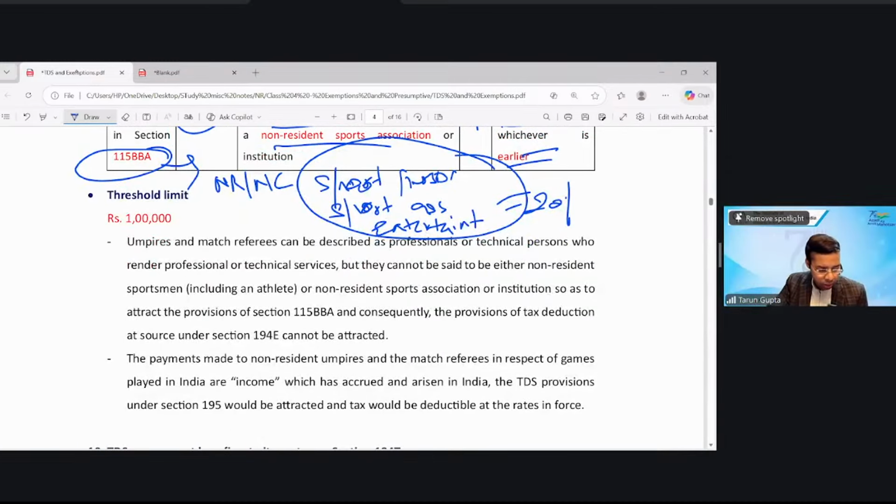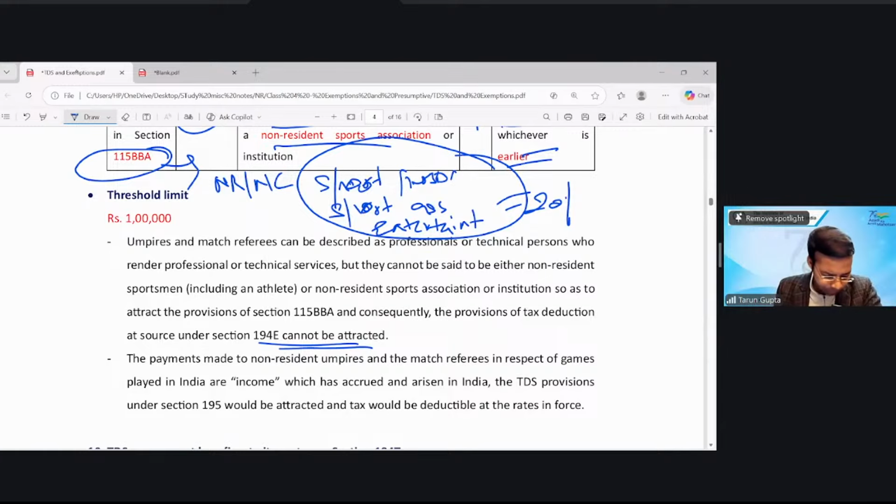What the note says: umpires and match referees can be described as professional or technical persons who render professional or technical services, but they cannot be said to be either non-resident sportsmen, including an athlete, or non-resident sports association or institution, so as to attract the provision of section 115BBA. And consequently, the provision of tax deduction at source under section 194E cannot be attracted.